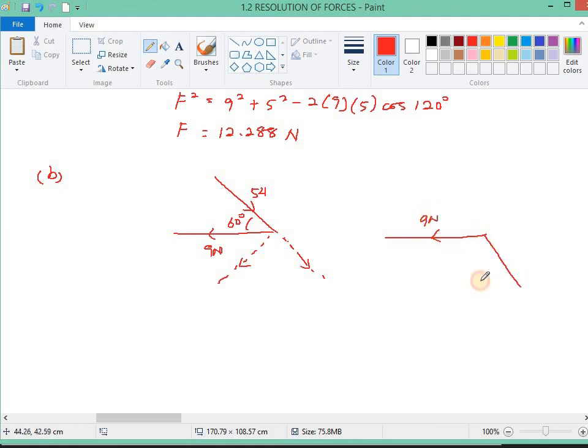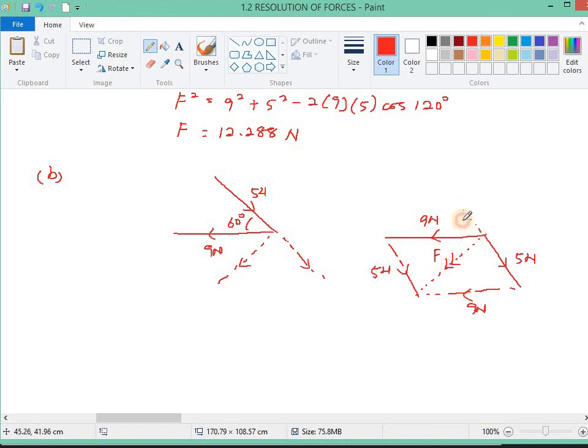This is 9 Newton, this is 5 Newton, and the resultant force should be somewhere in this direction.